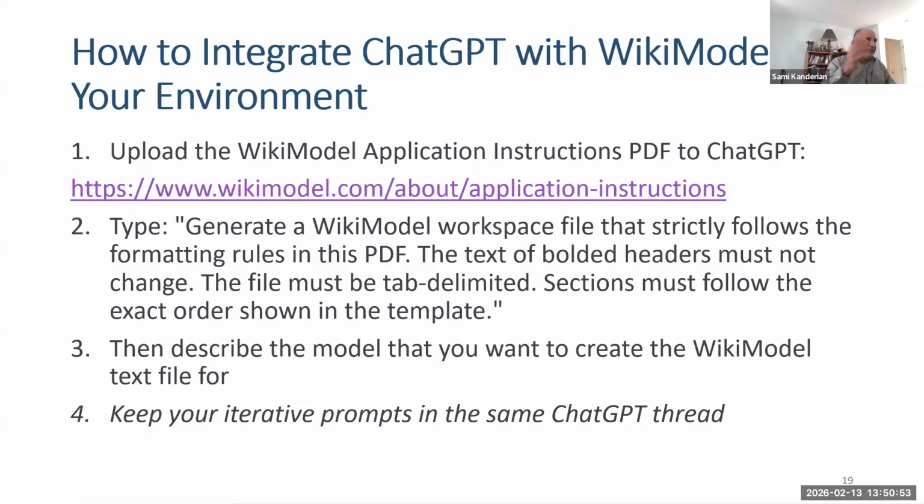I kind of realized that the hard way, but basically what you can do to get it to work for you is download the instructions from the WikiModel page, which is through this link, and then type in this text prompt, and then you can ask it to generate a model for you and upload that file.